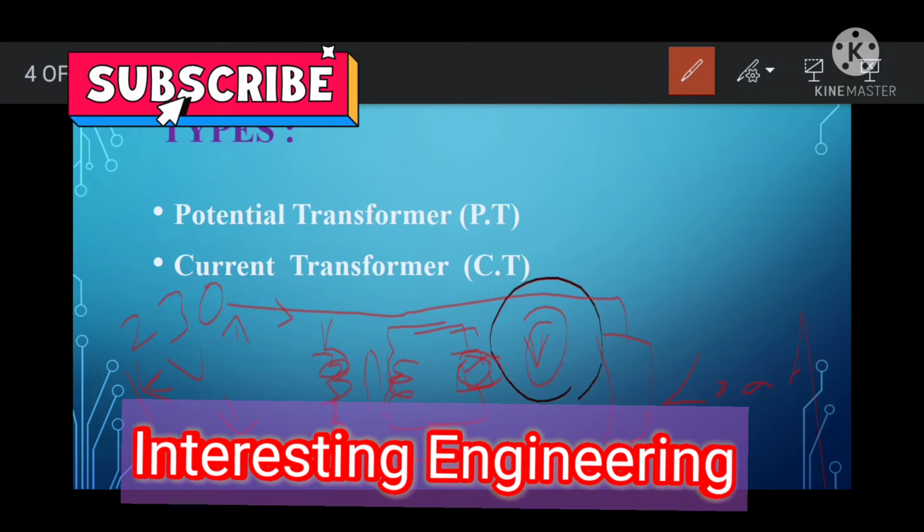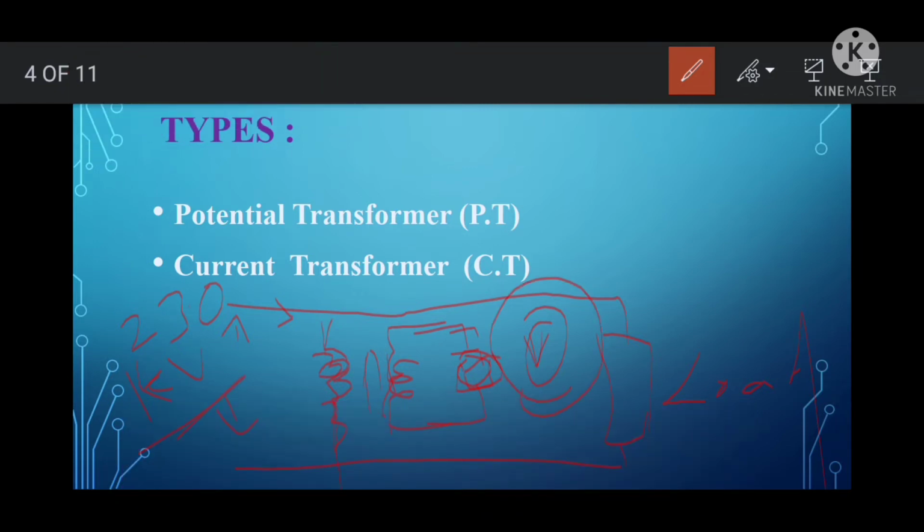This voltmeter is going to measure this voltage, and before measuring, the higher voltage is reduced to some volts or millivolts based on the instrument used. That is the major advantage of using the potential transformer.